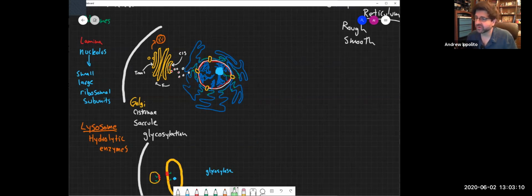I'll highlight. So all of this, the cell's membrane, I broke that in there too. The cell membrane, the lysosome, the Golgi, and the ER collectively are called the endomembrane system.